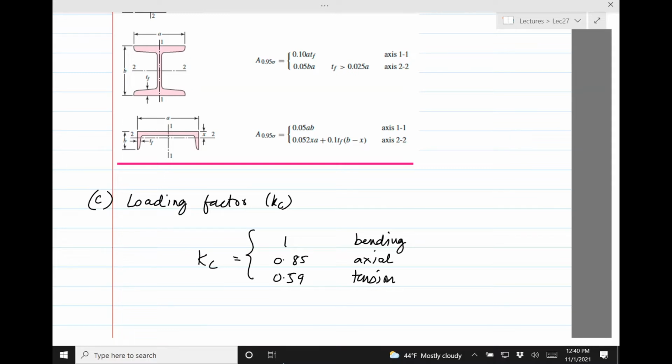Okay, we are almost there. Next one is the temperature factor. That's a very important one.